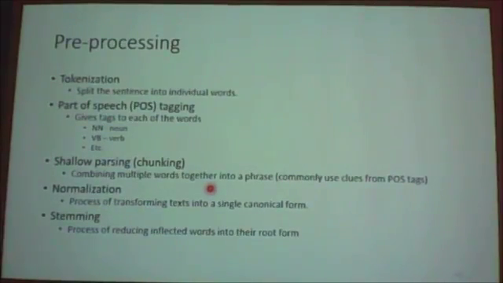Something like Barack Obama should be one unit, so you put it together as a noun phrase. Then normalization is the process of transforming text into a single standard form, which is easier to process. Some also use stemming, which reduces connected words to their root form.